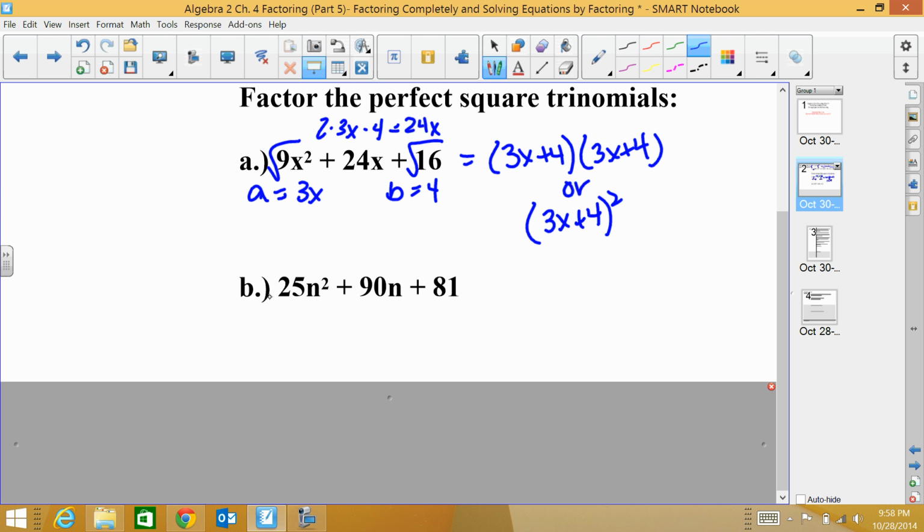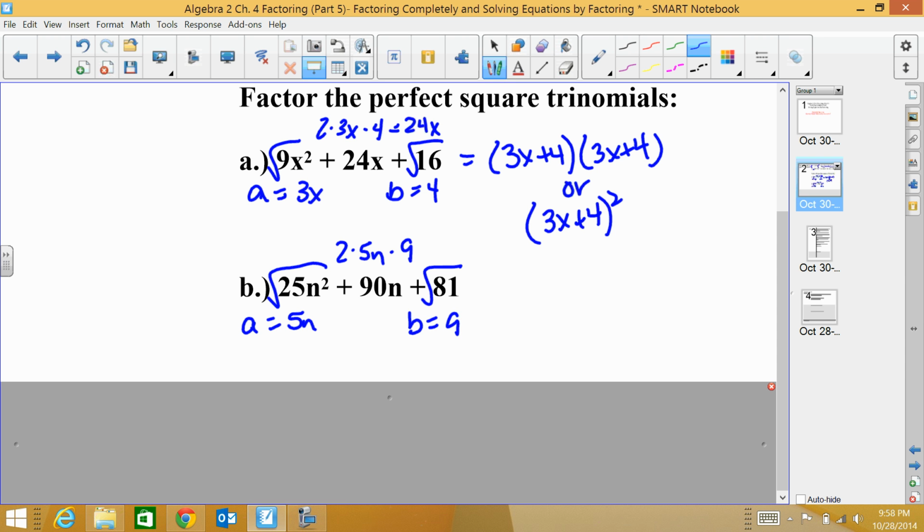So I notice that this is a perfect square and this is a perfect square. So the value of a would be the square root of 25n squared, which would be 5n. And the value of b would be the square root of 81, which is 9. So if I check, the middle term should be 2 times 5n times 9, which does equal 90n.